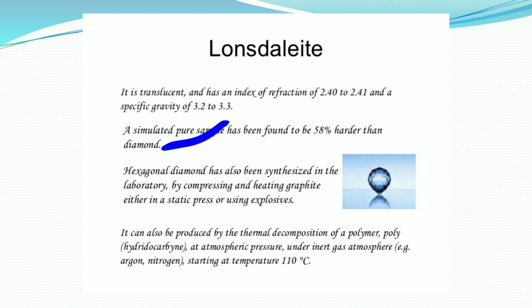The hexagonal diamond has also been synthesized in the laboratory by compressing and heating graphite, either under static pressure or using explosives. It can also be produced by the thermal decomposition of a polymer at atmospheric pressure under an inert gas atmosphere, starting at a temperature of 110 degrees Celsius.